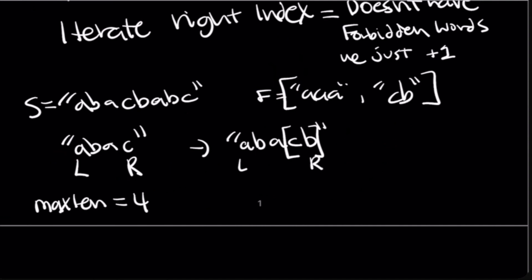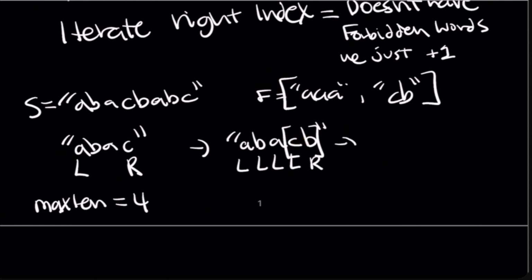But if we move the left index just like we did with the right index, by 1, we still have the forbidden word CB in our substring. In fact, wherever we move, we'll always have CB at the end of our substring if we move our left index. What does this indicate?